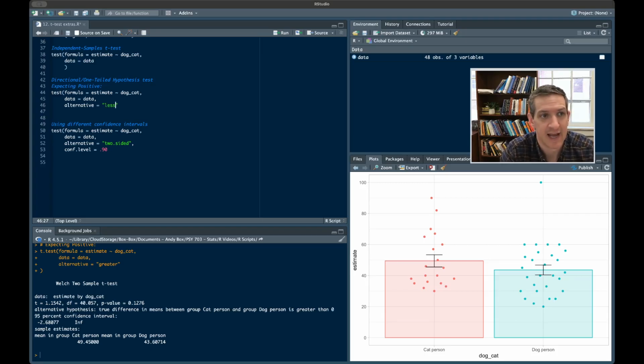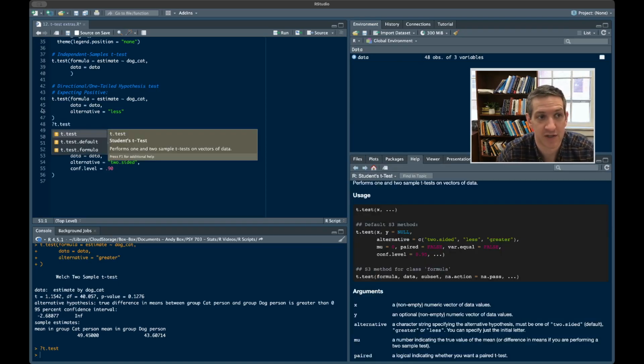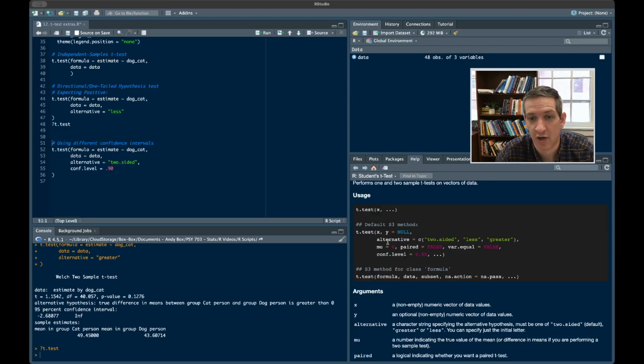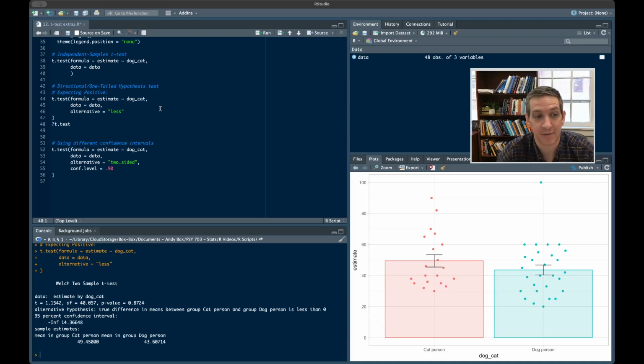Well, in that case, for alternative, instead of greater, we would specify less. And by the way, if you ever forget this, you'll recall from earlier that you can get more information about a function by putting a question mark in front of it and running that. And we have the options for alternative are two-sided, the default, or less, or greater. So we just saw what greater did. Now let's run and see what the p-value would be if we'd actually expected it to come out in the opposite direction.